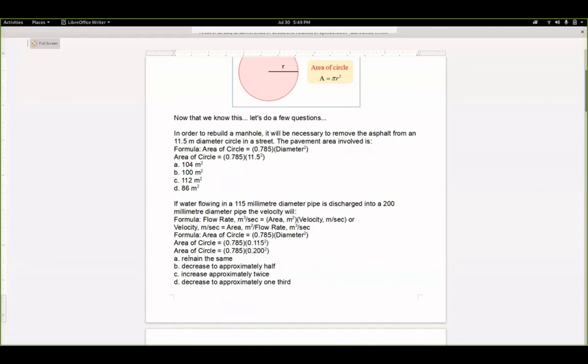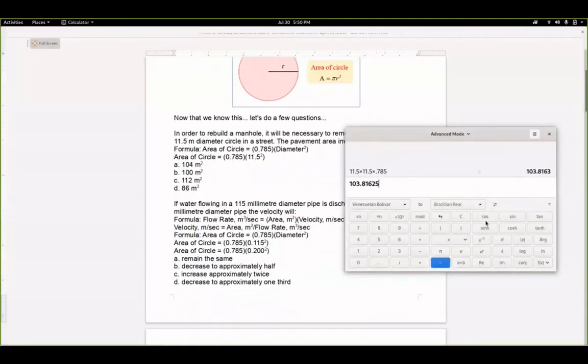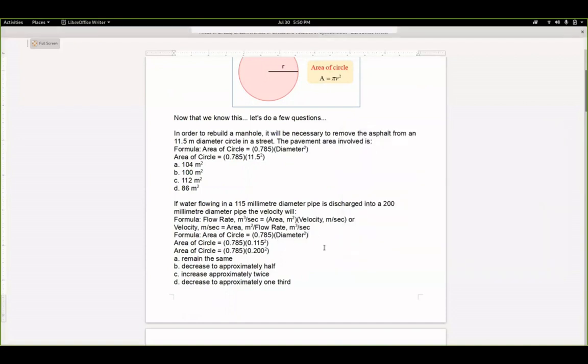And this would be 0.200. So what we do is we multiply 0.115 times itself, or you can use the square button, times 0.785, and we get 0.01038. And then that would be meters squared.